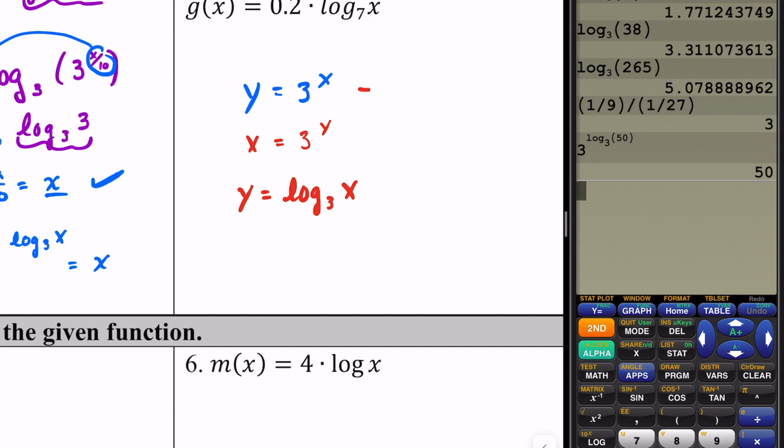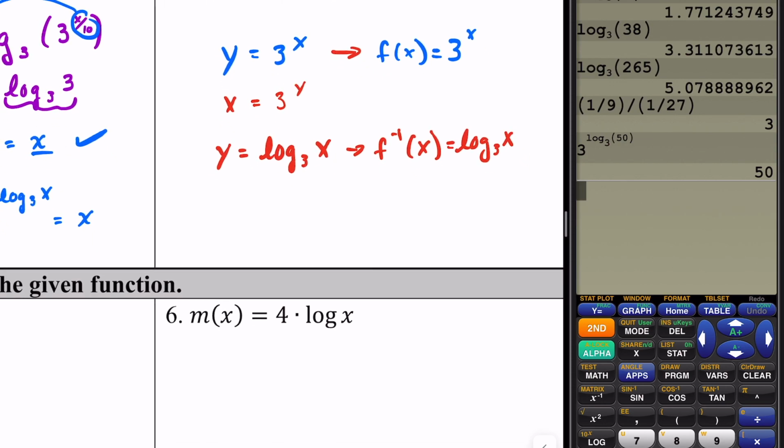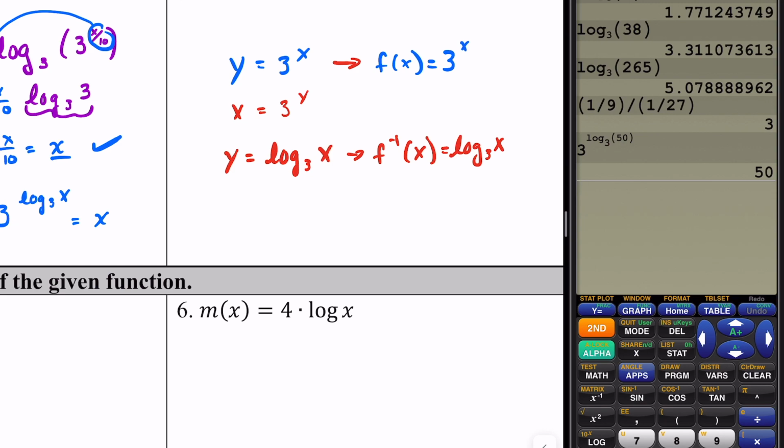So f of x is this blue one, and its inverse is the one we just found. If I find f of f inverse, for example, it looks like this: 3 to the log base 3 of x. Those two are inverse functions, and so they just give you x, by definition of what inverses always have to do.